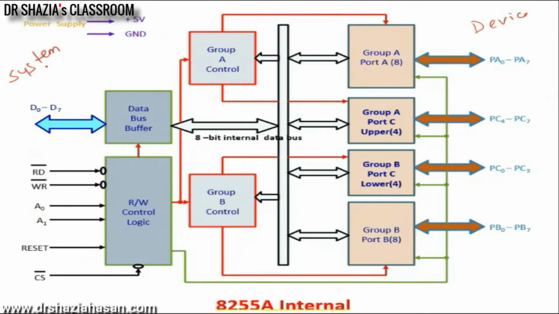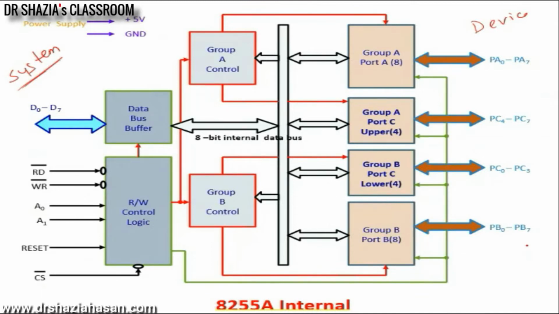That means the port is connected to the system or microprocessor with this set of pins, and the port is connected to the IO devices with this set of pins.